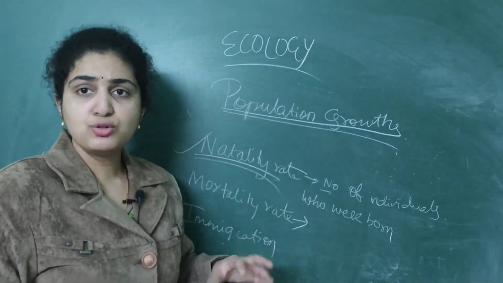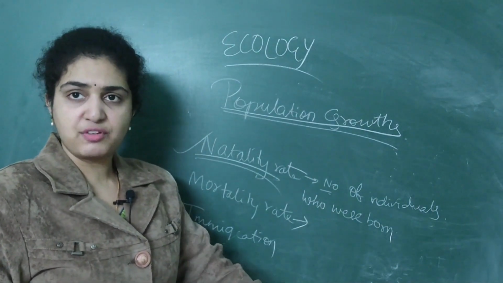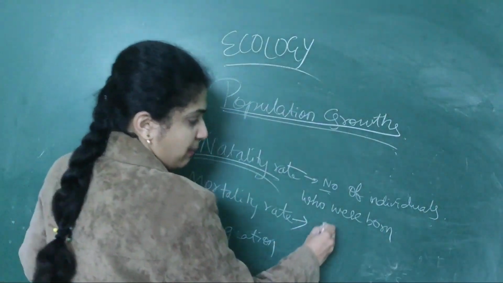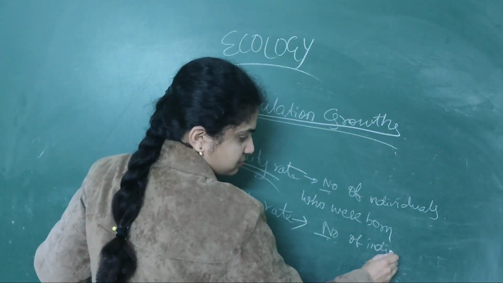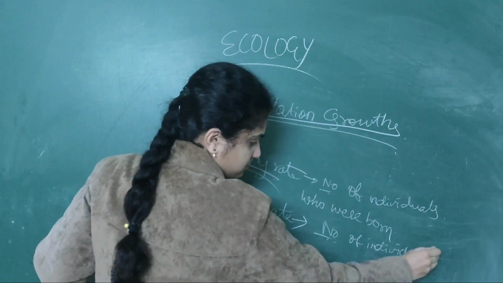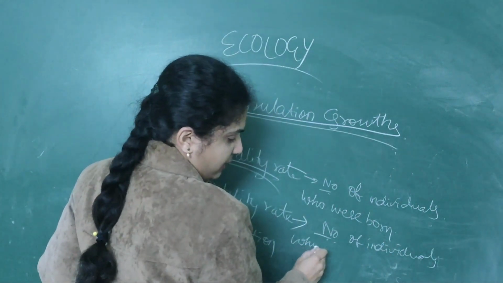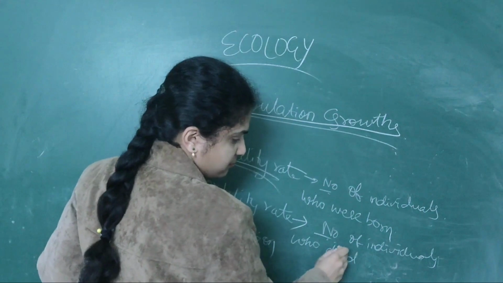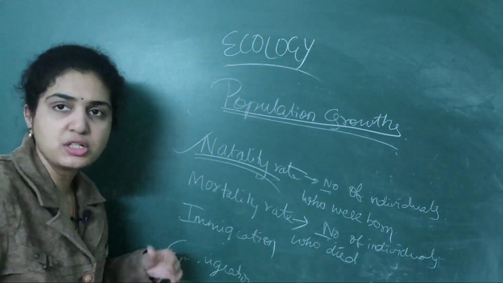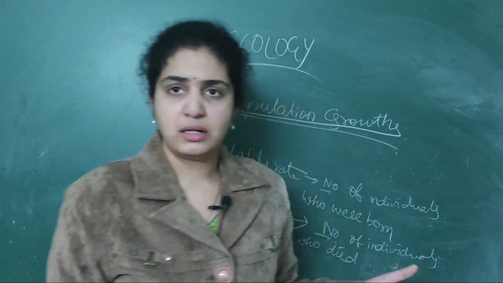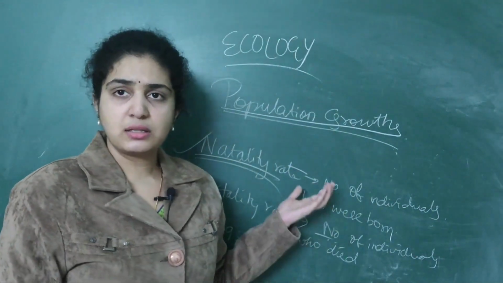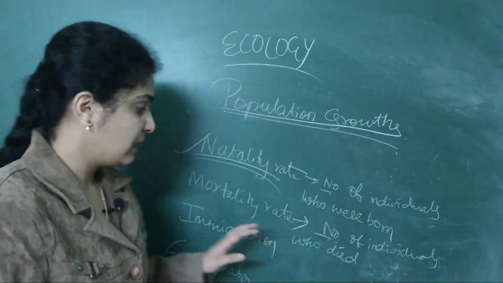Number of individuals who died in a specific population give rise to mortality rate. Mortality rate is nothing but death rate. Natality rate is nothing but birth rate.